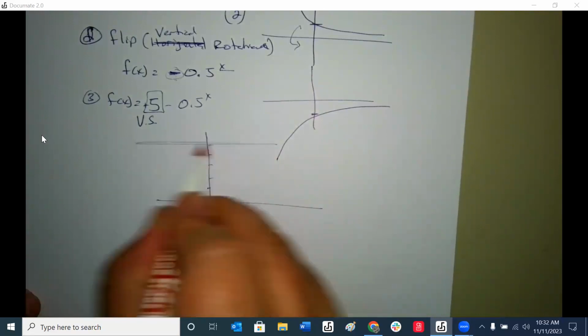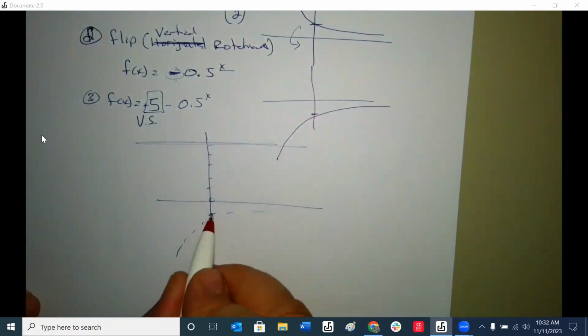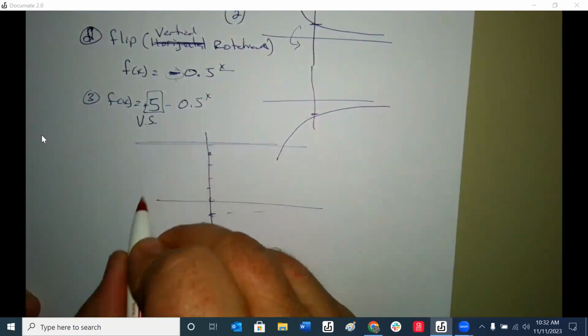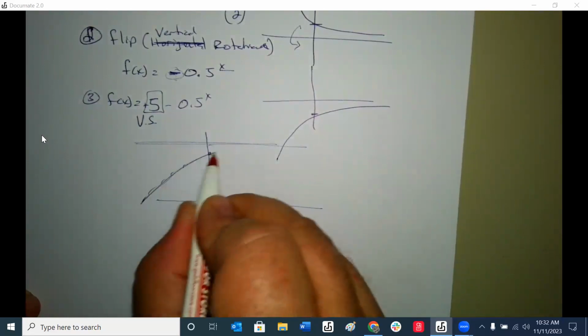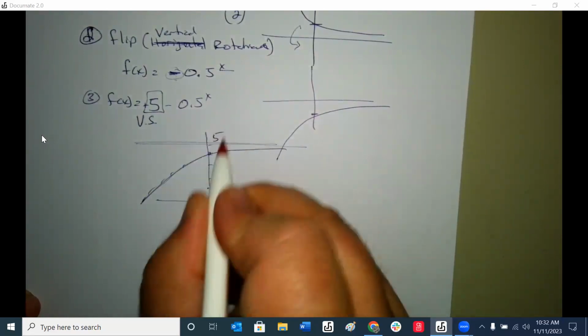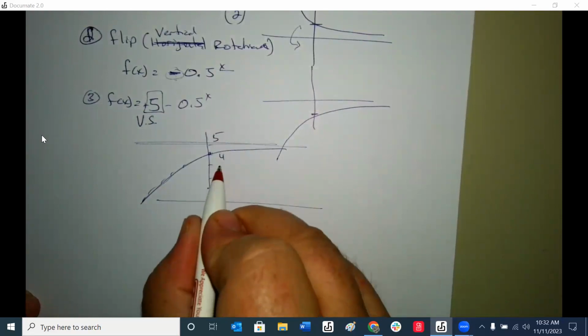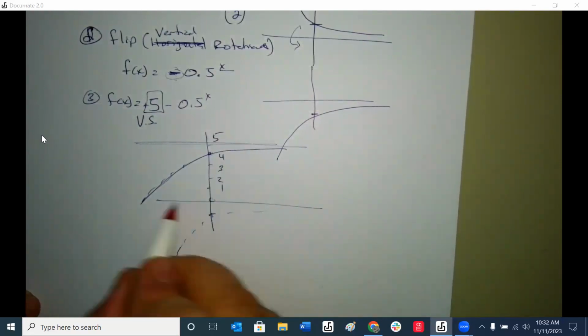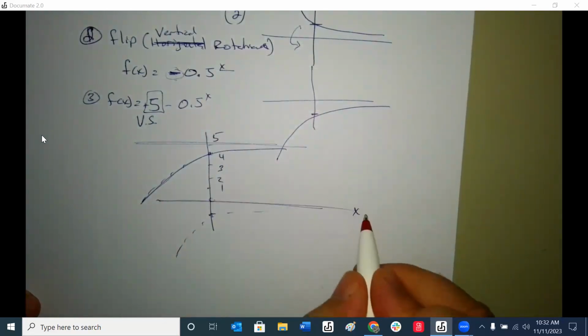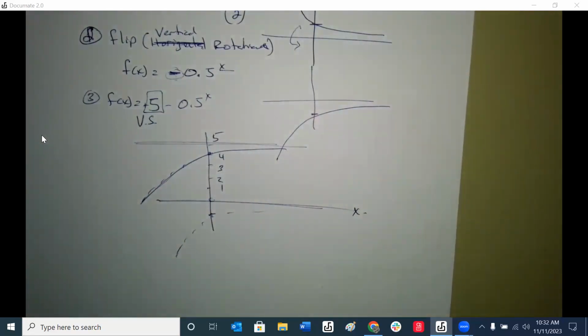There's the new x-axis. My intercept is 1 below there. So my new graph looks like this. So we do the same as we did earlier with our functions, our transformations.